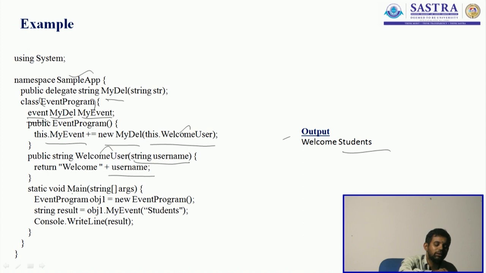When you go to the main method, we provide the class name followed by the object name equal to new class name, then a string result, which is the string object, and then MyEvent is the event we call with the help of this object: obj1.MyEvent of students. If you specify that, this maps to MyEvent and then MyDel, which calls WelcomeUser, and the value students is passed, and it is returned as welcome students.